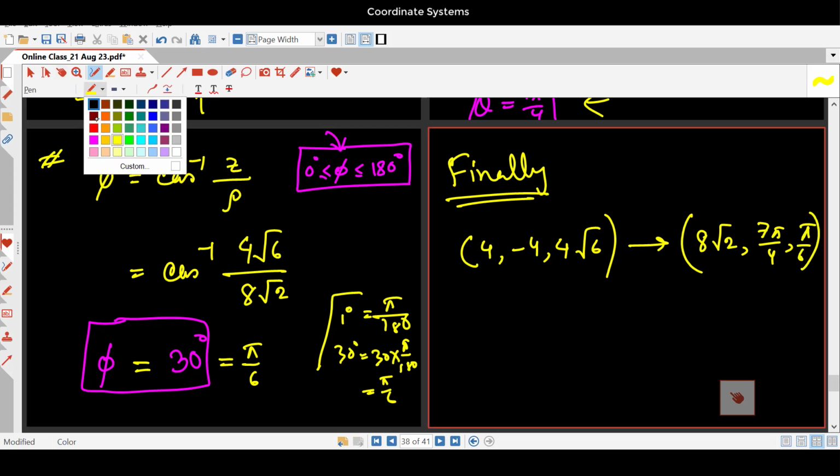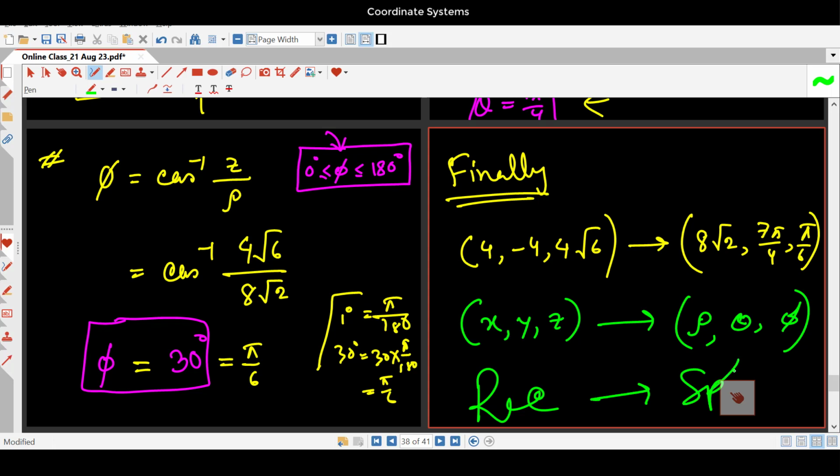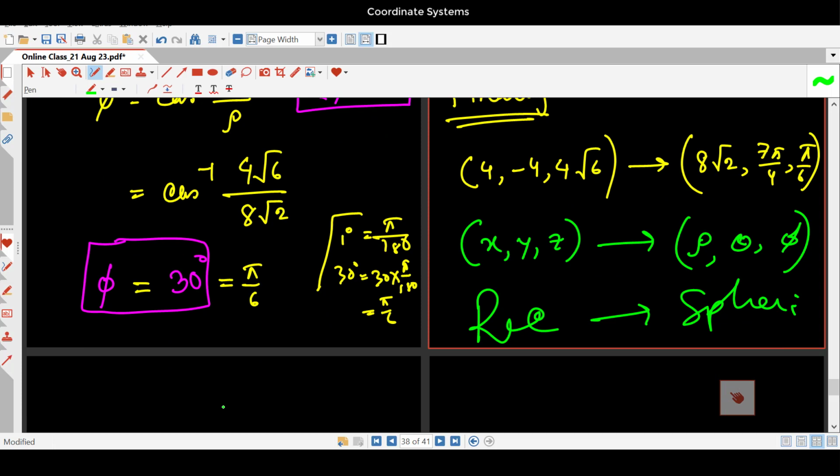That means we are successful in converting a point from x, y, z coordinates to rho, theta and phi coordinates, from Cartesian or rectangular to spherical. So this is how we can do the conversions. Now similarly, let's do another problem.